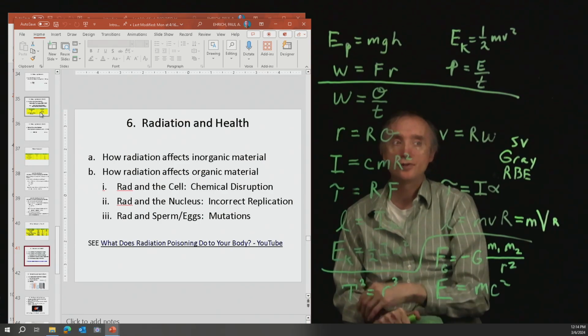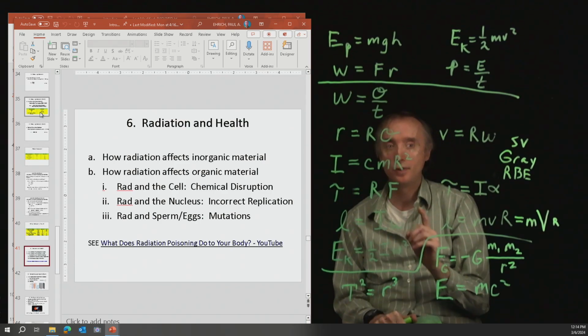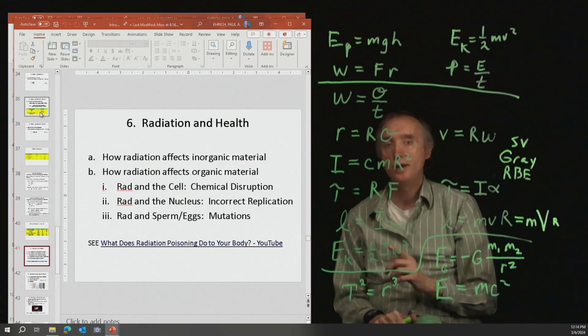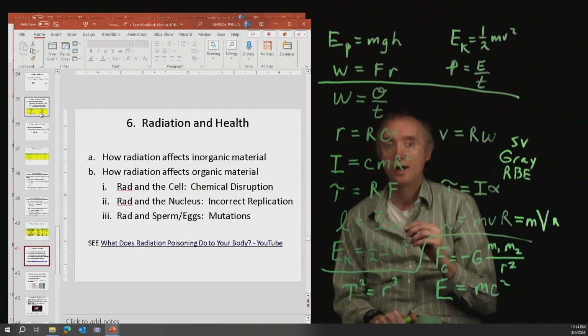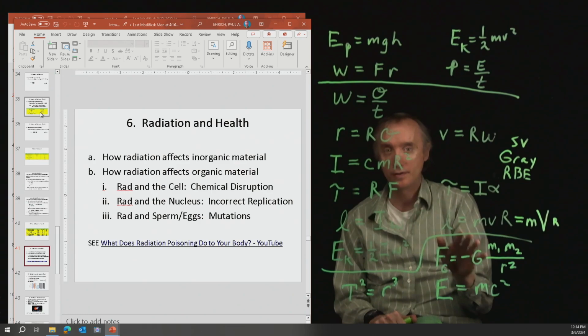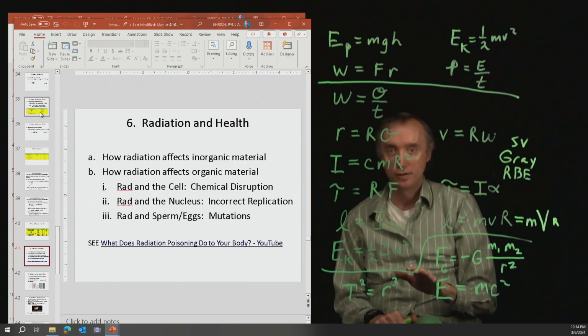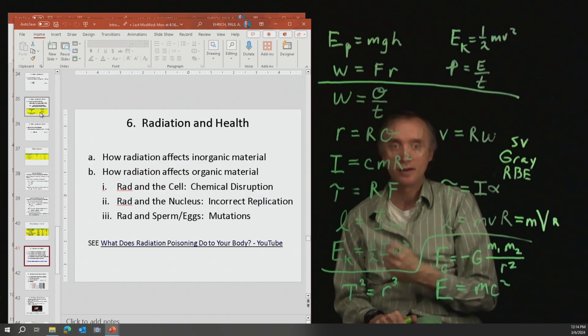Okay, radiation and health. So this is a big one. I want you to be able to tell me how radiation affects organic material. Don't worry about the inorganic material. So when radiation strikes living tissue, how does it cause damage? You should be able to tell me that.